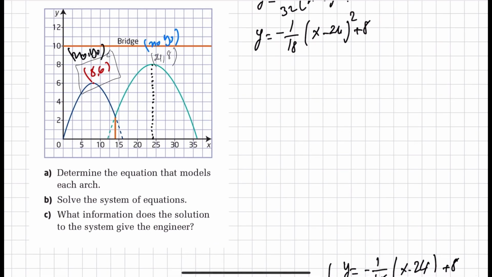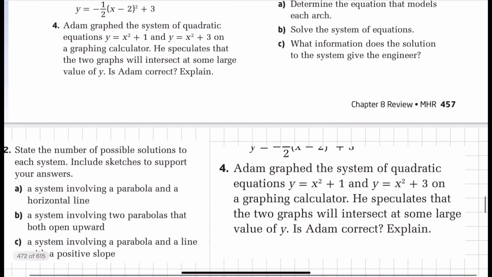What information does the solution to the system give the engineer? The intersection tells the engineer the distance of the footing from the other side of the road, like in the first picture.